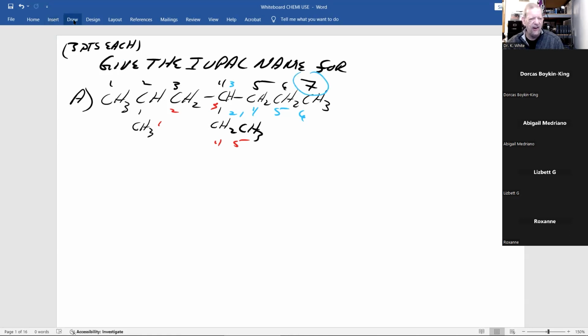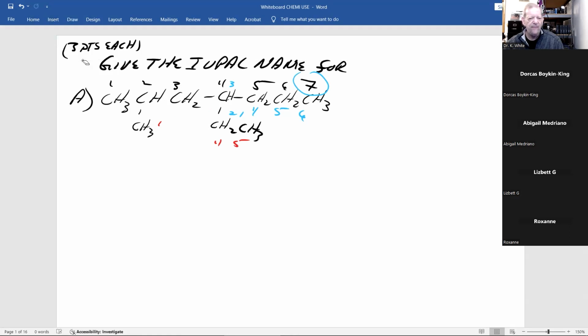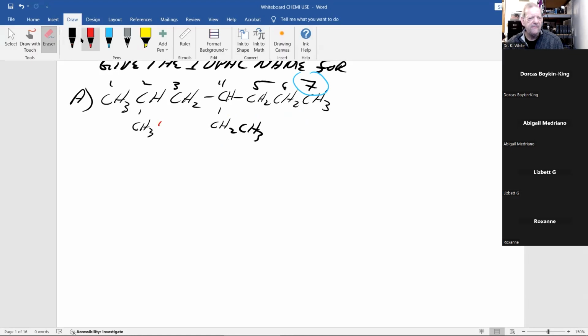So the longest chain, let me clean this up for a second, is 7 carbons. And you've learned the table with the alkane names, 7 carbons is heptane.